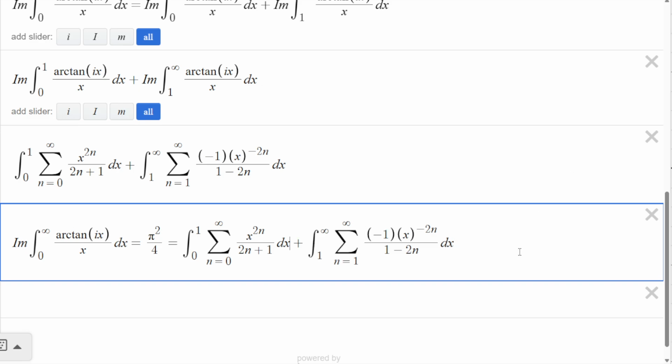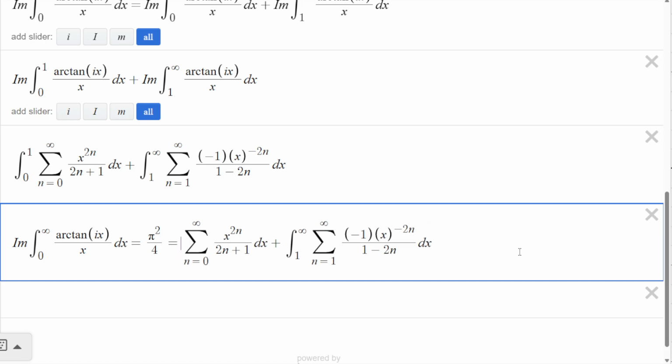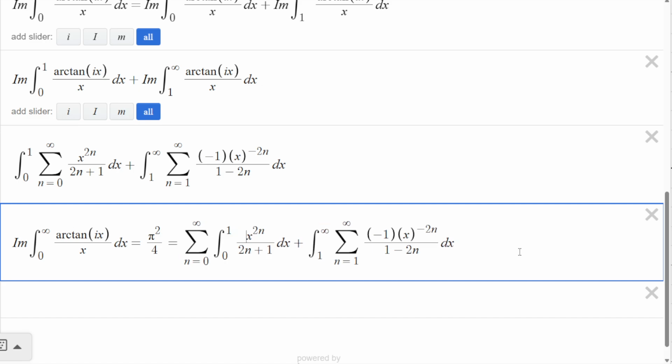All right. Let's clean this up a little bit. Let's interchange our integration and summation notations here. And evaluating this one is pretty trivial. We're going to get x, we're going to get 1 over n, we're going to get 1 over 2n plus 1 squared.